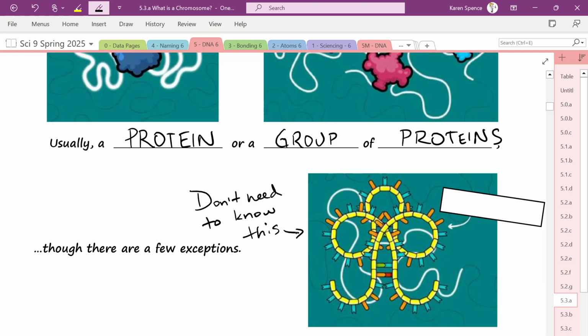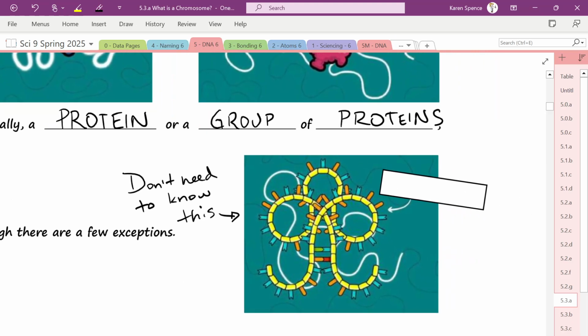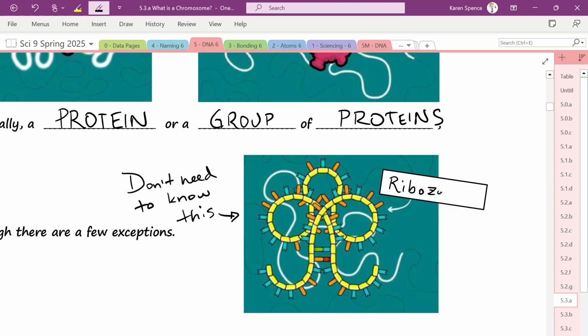But if you are interested, there is actually something called a ribozyme. Can anyone guess what a ribozyme is? Or at least part of what it is. It is an enzyme. Yeah, absolutely.